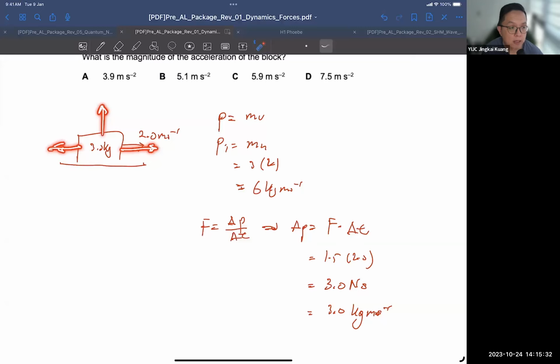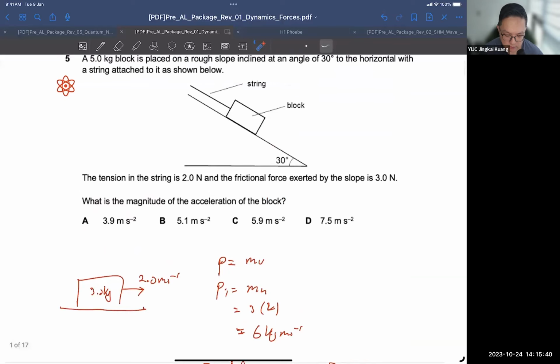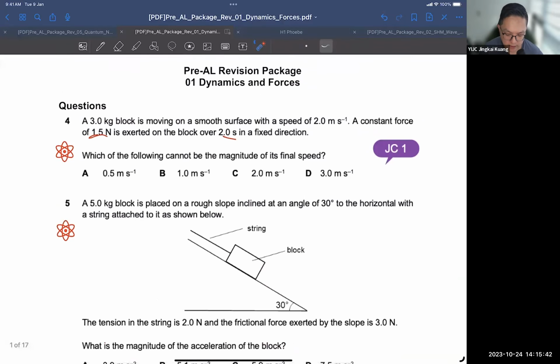But the question is asking for the magnitude of its final speed. So I'm looking for what's the maximum. When I add this extra momentum in, what is the biggest sum I can get? What's the biggest difference I can get?